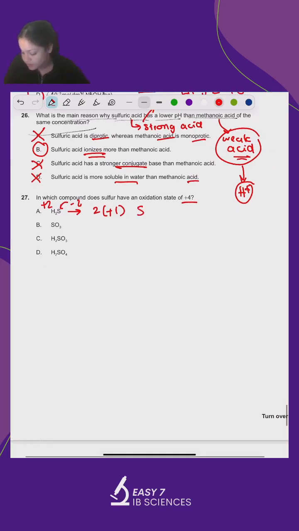So sulfur here is -2, so it's not +4. What about this SO3? So for this one, the oxygen is going to be -6. The sulfur is therefore going to be +6 to cancel that out.